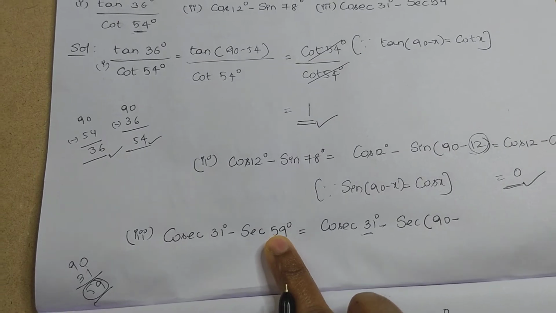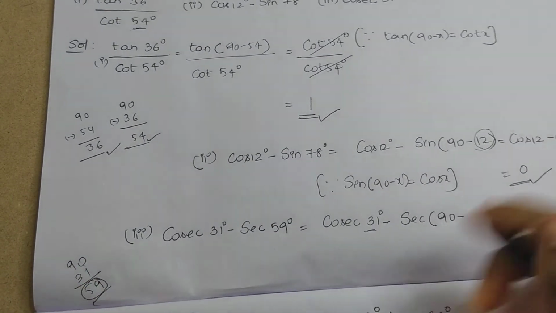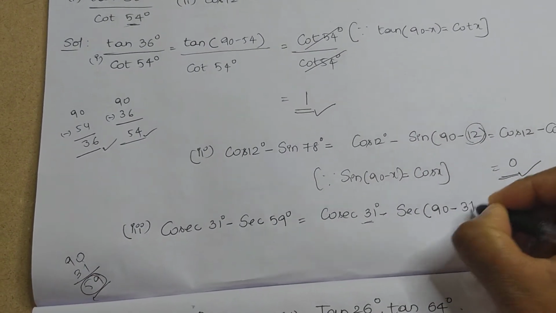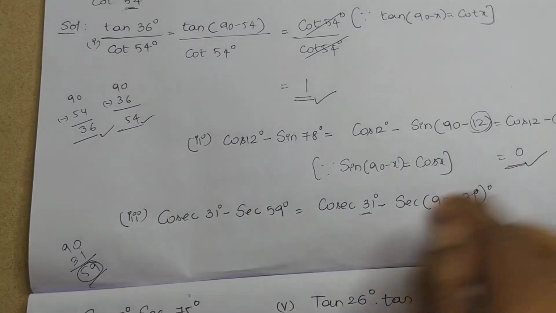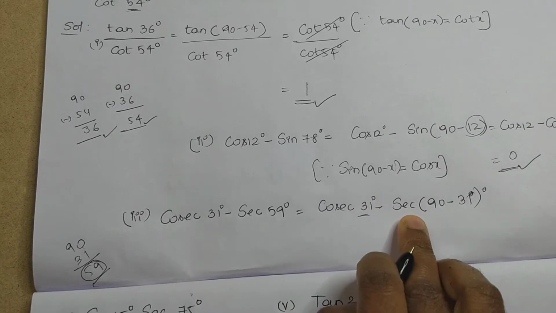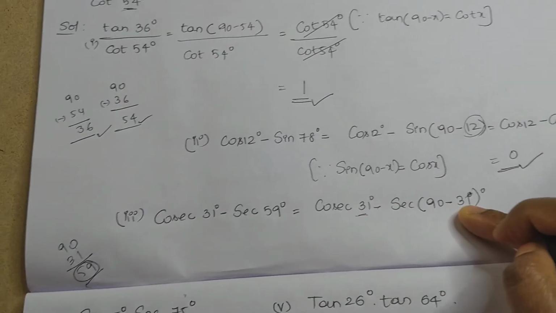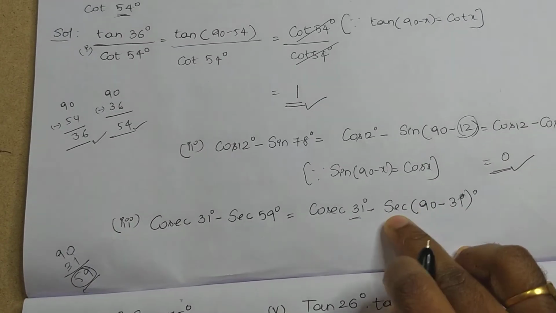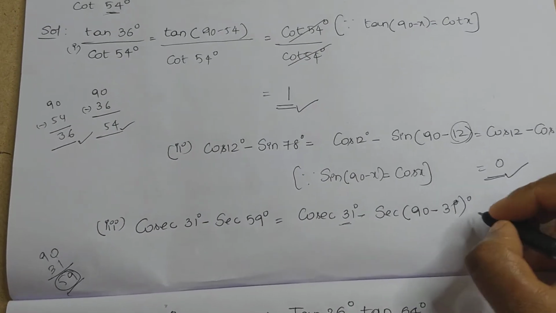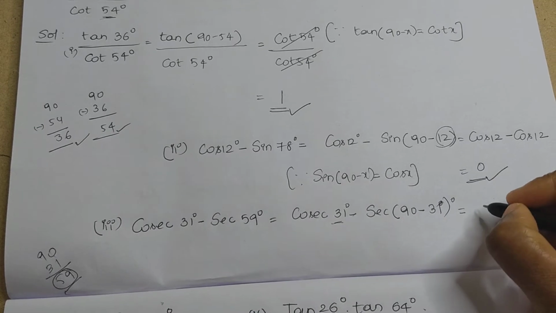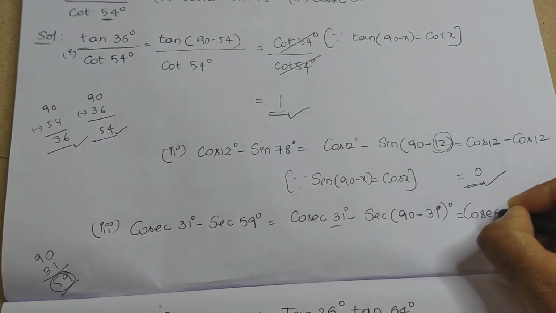So in the place of 59, can I write 90 minus 31? Yes, you can write. So secant of 90 minus 31 degrees. So cosecant 31 minus secant of 90 minus 31 degrees. So this is in terms of secant of 90 minus x. So secant of 90 minus x is nothing but what? It is cosecant x. So here what will I do?